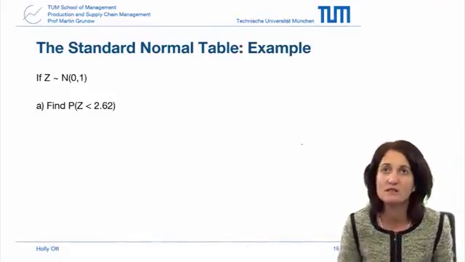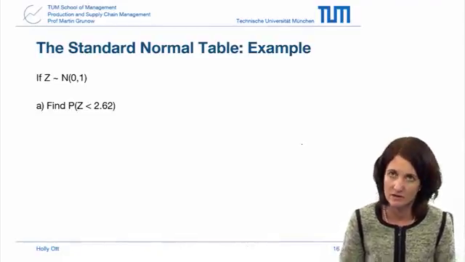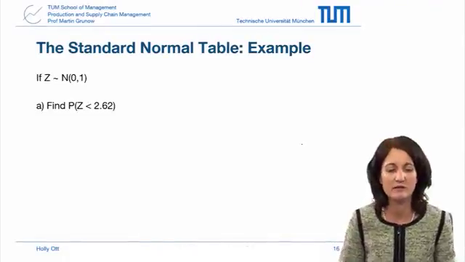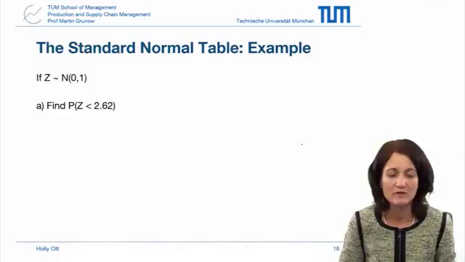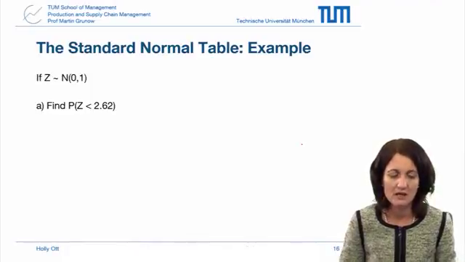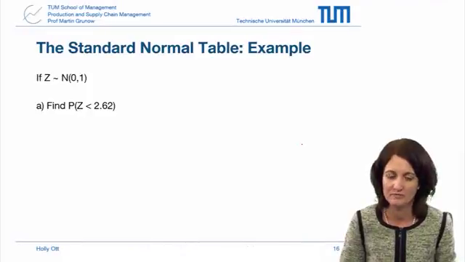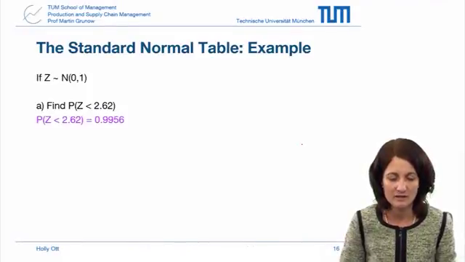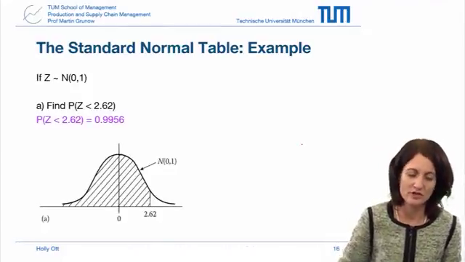We're going to be using this a lot in our course, so we need to make sure we understand this. This is the basis for a lot of the quality techniques that we'll be looking at. So if we have the standard normal variable Z, find the probability that Z is less than 2.62. So we draw a picture of this. We have here our normal distribution.